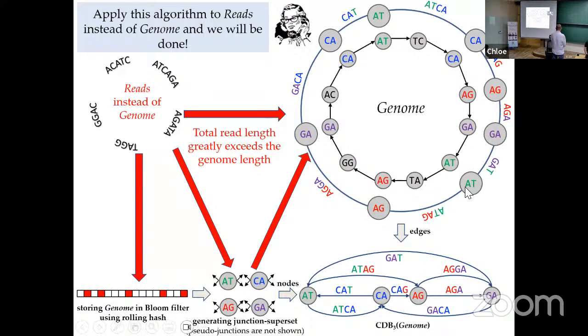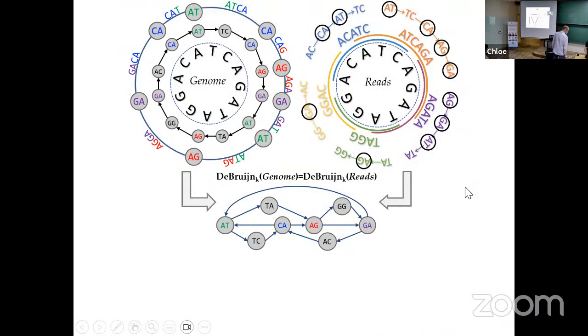The real challenge is now. This is it. Ready? Okay, good. So here's the real challenge. On the left, there is a genome with the identified junctions and the deconstructed perfect De Bruijn graph. Here's the De Bruijn graph. We didn't construct it, but that's how a De Bruijn graph looks.